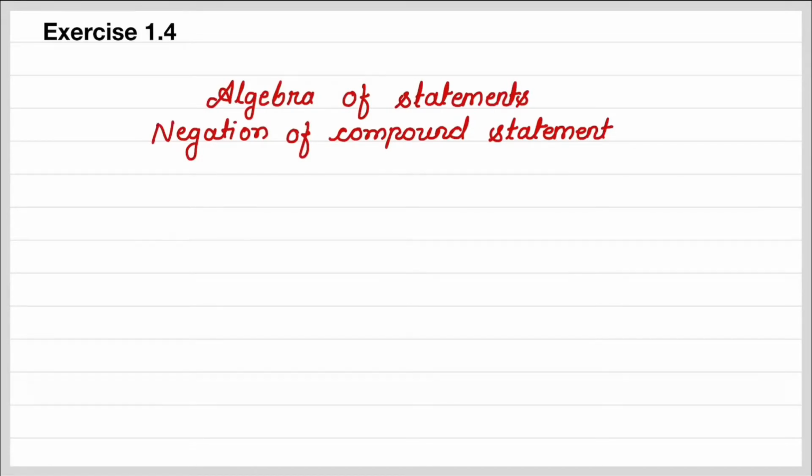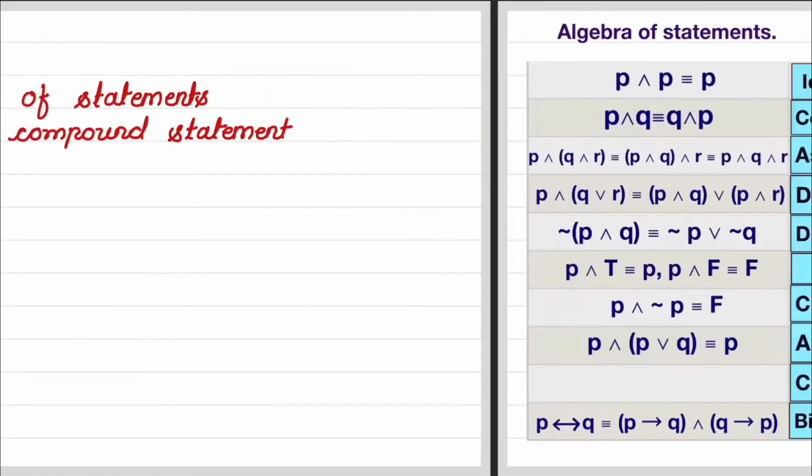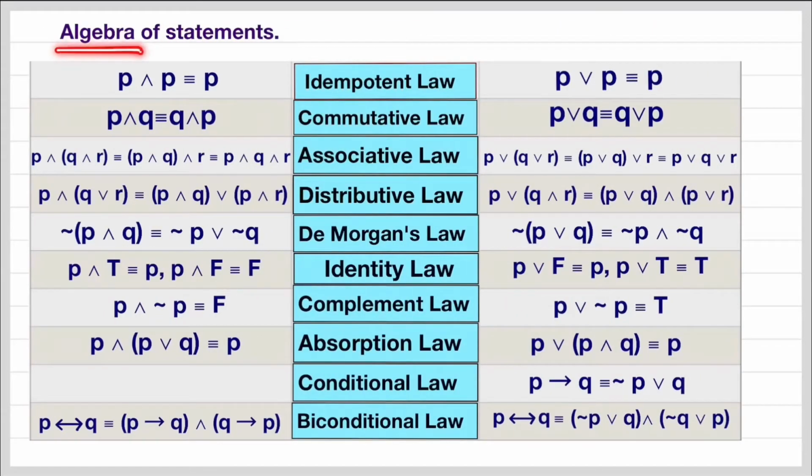Algebra of statements are the magical rules with which we can simplify logical statement pattern. Let us see algebra of statements. In detail, we have studied these laws in lecture number 3. If you have any query or if you want some tricks to remember these laws, please watch lecture number 3.